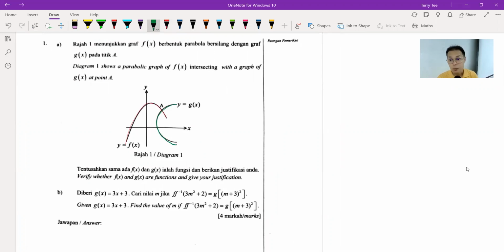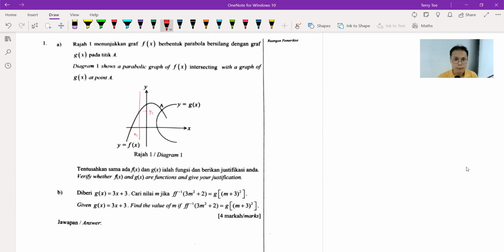The main thing to determine whether it's a function or not is to use what we call a vertical line test. It works like this. When I draw a vertical line, let's start with f(x), you notice that the vertical line cuts the graph at one point. That means one x value maps onto one y value.